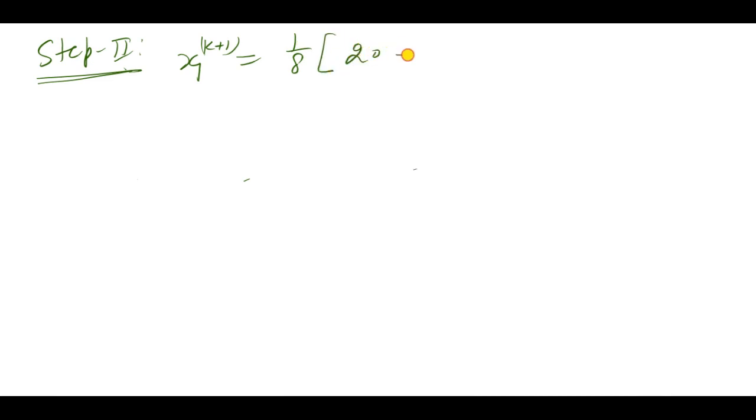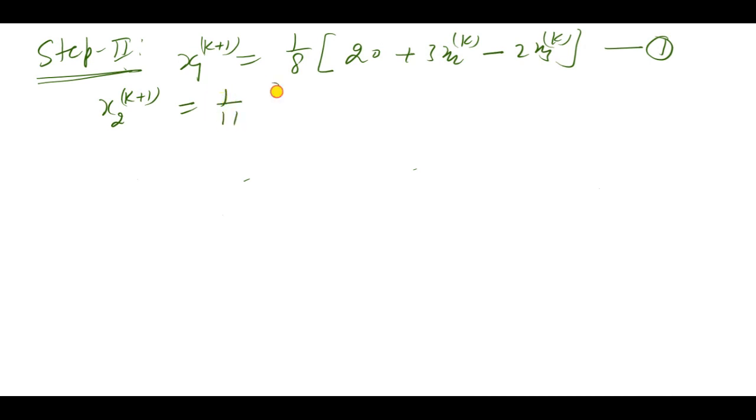In step 2, we write the given equations as x1(k+1) is equal to 1/8 (20 plus 3 x2k minus 2 x3k). This is equation 1. And x2(k+1) is equal to 1/11 (33 minus 4 x1k plus x3k).